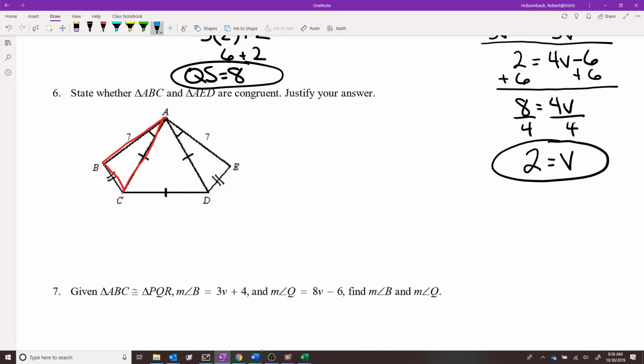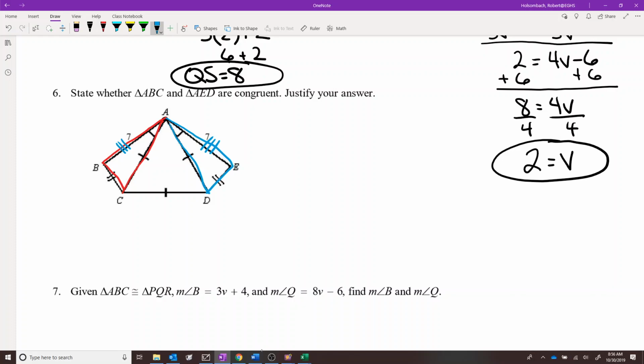Triangle AED is right here. Alright, they both have a side that is 7 units long. They both have a side with 2 tick marks. And they both have a side with 1 tick mark.